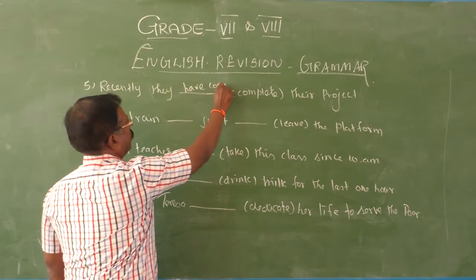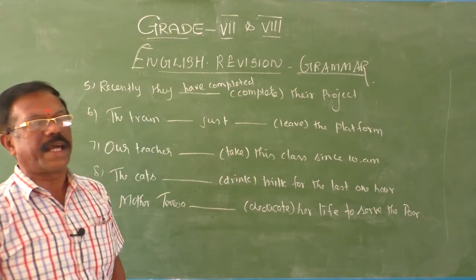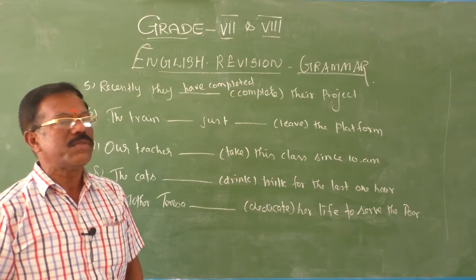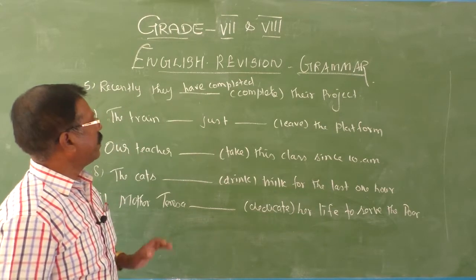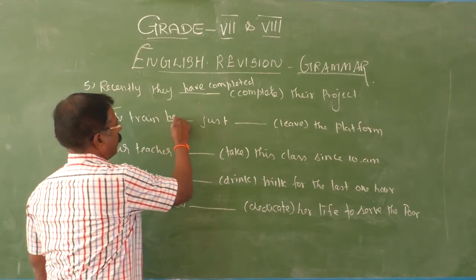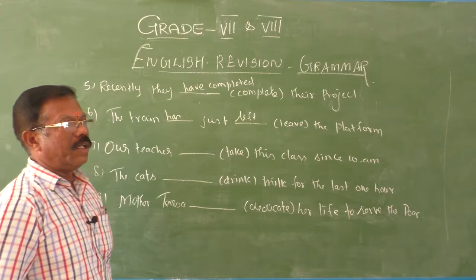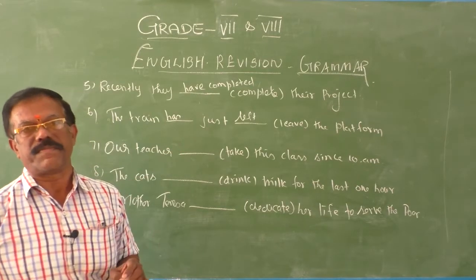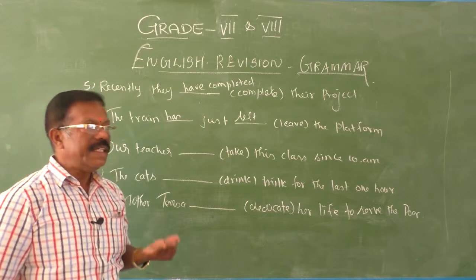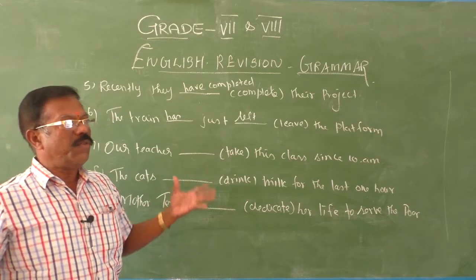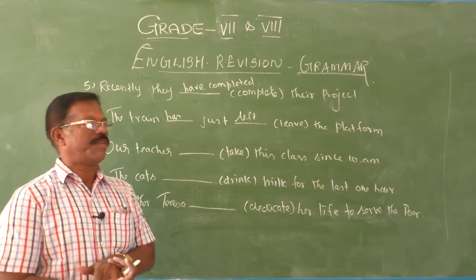The train has just left the platform. Here also you have to use present perfect tense, because you have just, already, recently, just now. When you have these types of time markers, you are supposed to use present perfect tense.